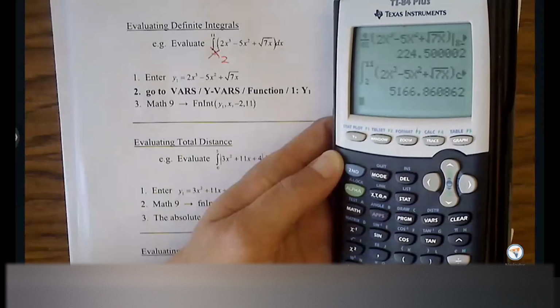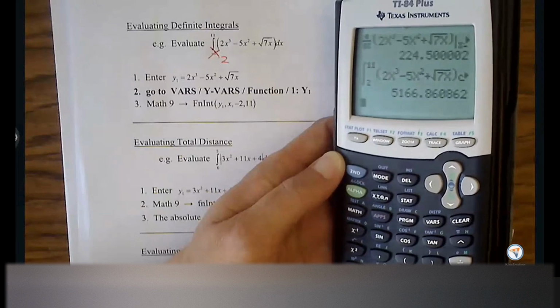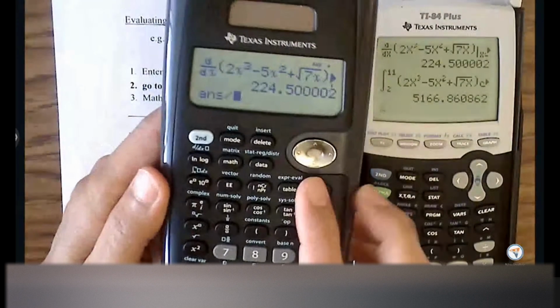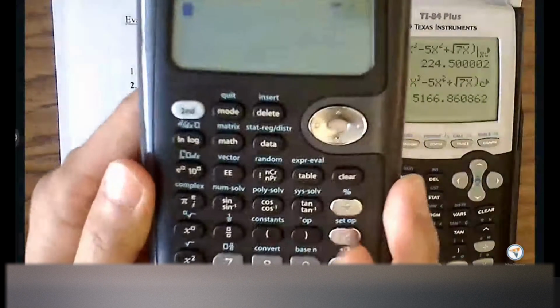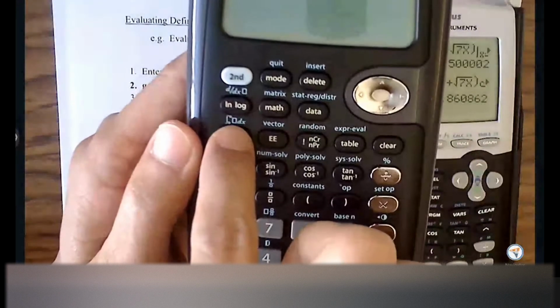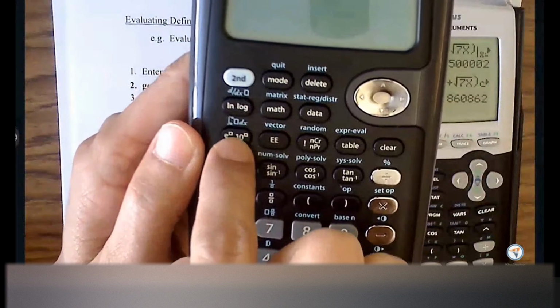Okay. Any questions with entering that in? Okay. All right, on the 36 Pro, we can do the same thing as well. Do you see how right below the d over dx you have that integral notation? So we're going to get to that button there.